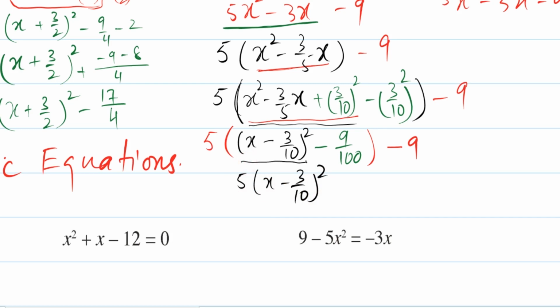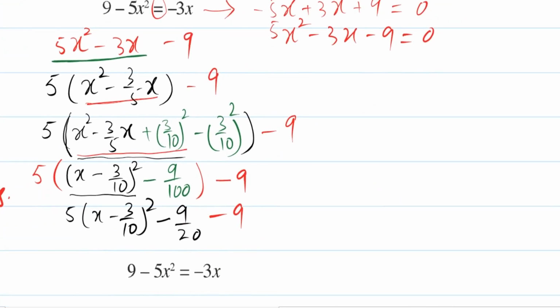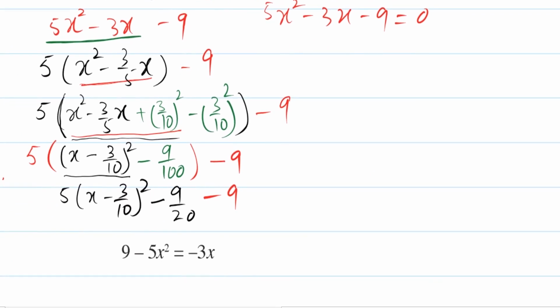This will be taken as a single term, and so plus into minus is minus, and 9 over 100 times 5 will become 9 over 20, and then there is minus 9. We have almost got the required expression form, but with one difference, we have 2 numbers here. Both have the same signs, so 9 over 20 and 9 will be added.